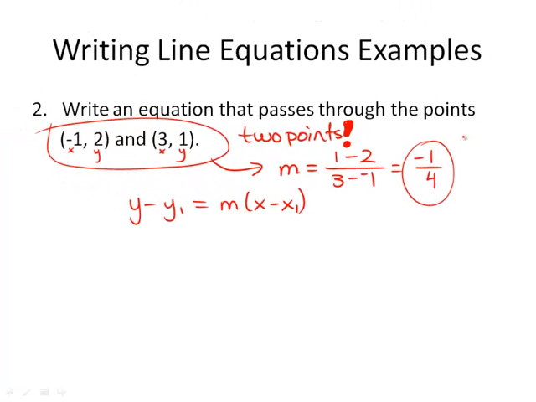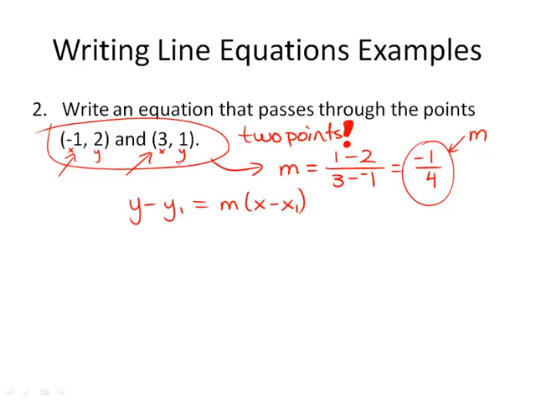Notice we need to have m, the slope, and we also need to have an x1, y1. You're allowed to choose either of these 2 points, but only one of them to input into your point-slope formula, because both of these lie on the same line. We can just use one.